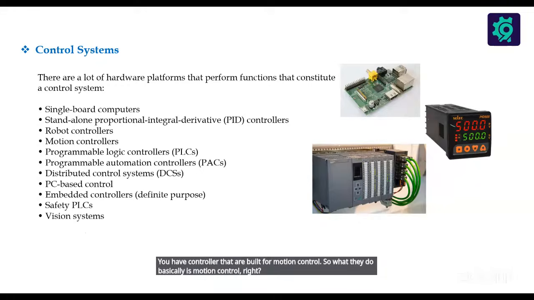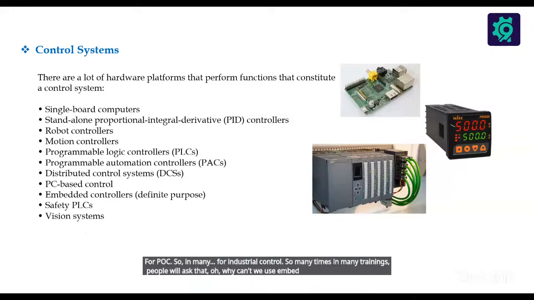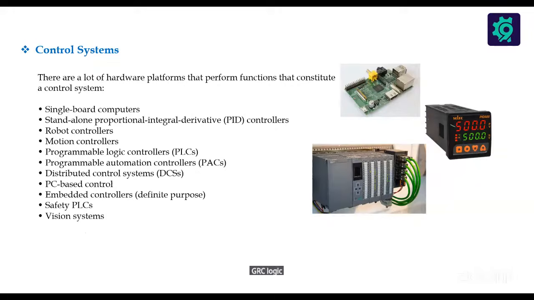We also have programmable logic controllers, which is what brings us to the lecture we are having, right? These are built specifically for industrial control. Many times in many trainings, people will ask, why can't we use an embedded system? PLCs were designed for industry, taking into account environmental factors like vibration, heat, and everything.